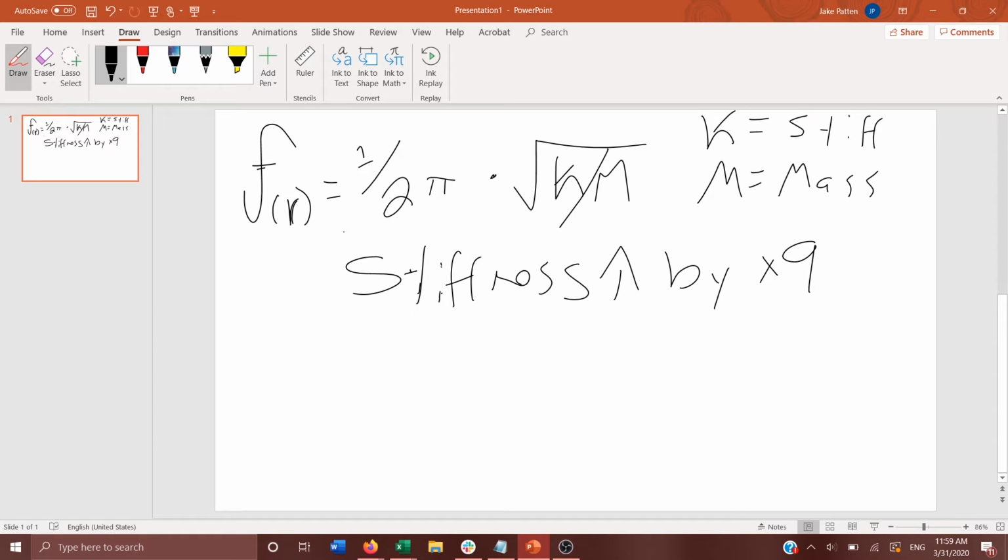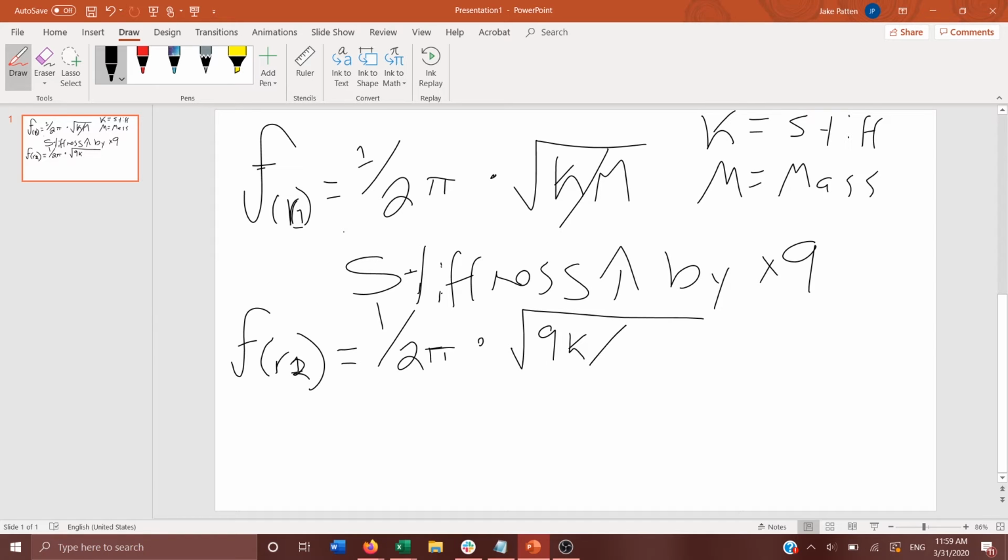What this means is that now your resonant frequency, let's call it R2, and this is now R1. So your resonant frequency, now that it's increased by a factor of 9, is going to be 1 over 2 pi, like before, multiplied by the square root of 9K over M.